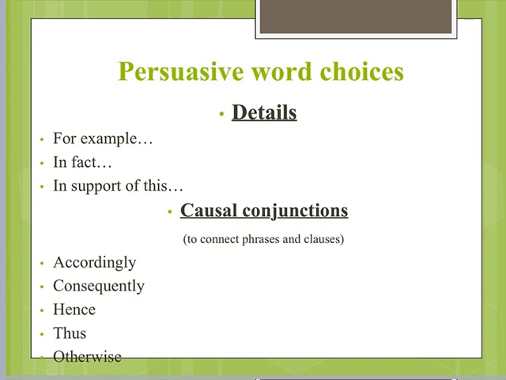Next are the details. When it's time to write the reasons, the facts, the evidence, the stories, the anecdotes, you need to use, for example, "in fact" and "in support of this."